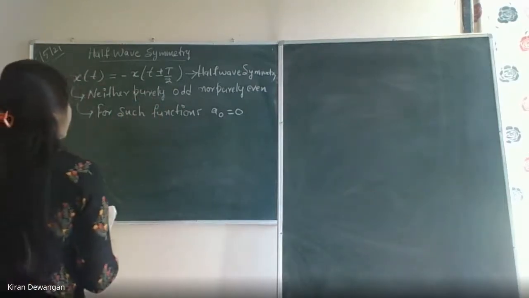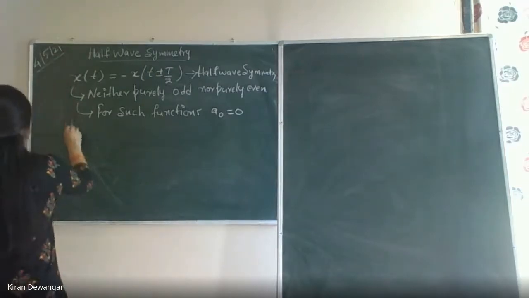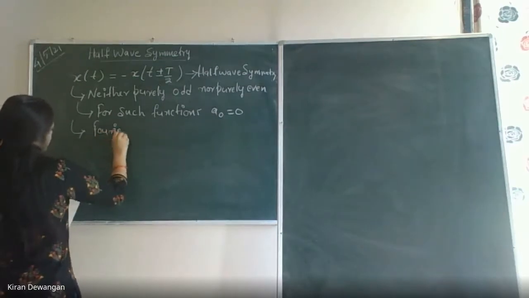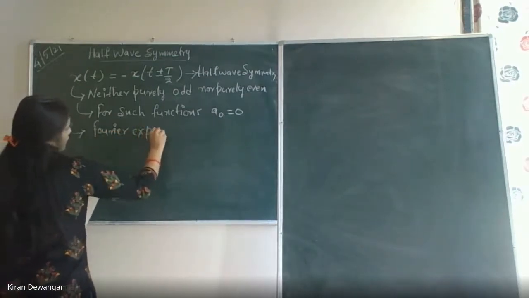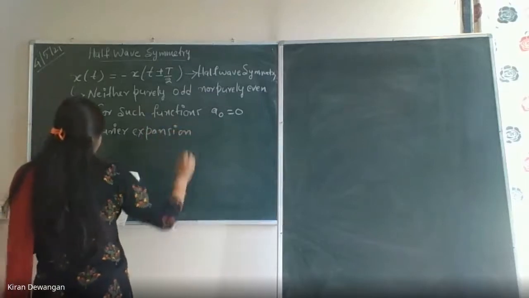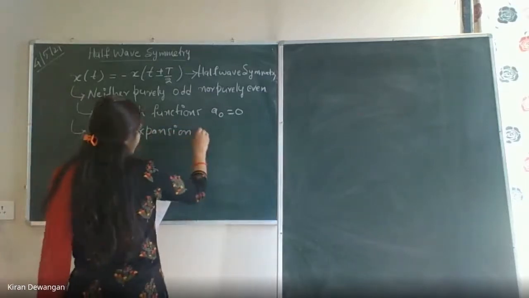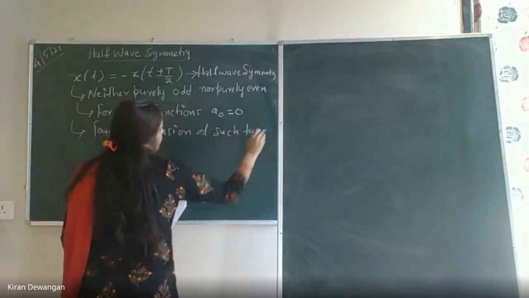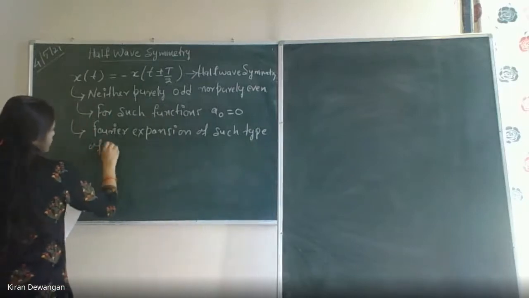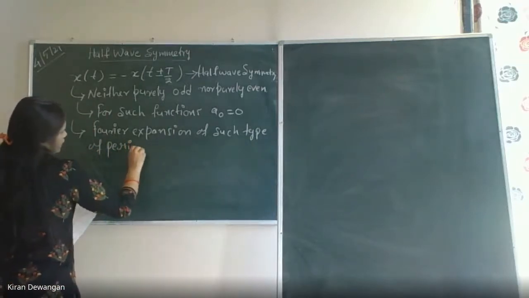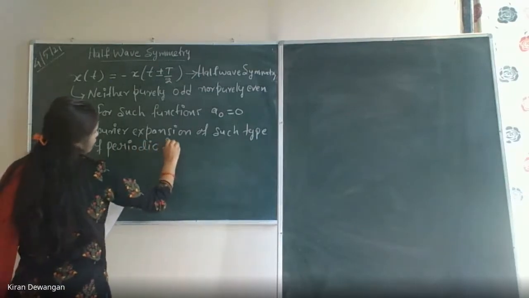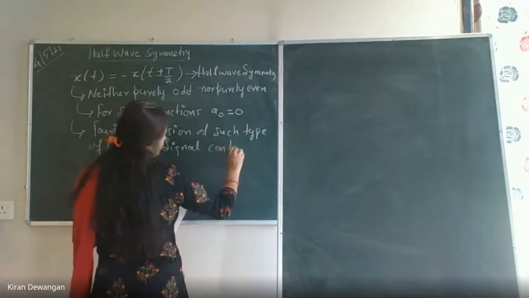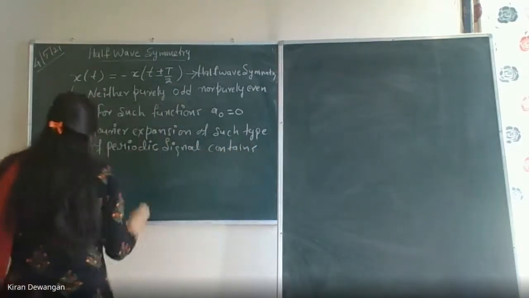So in case of half wave symmetry, A naught will be 0, and the Fourier expansion of such type of periodic signal contains odd harmonics.